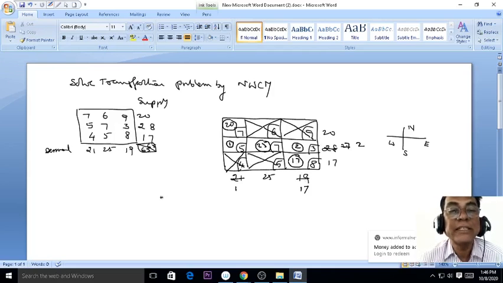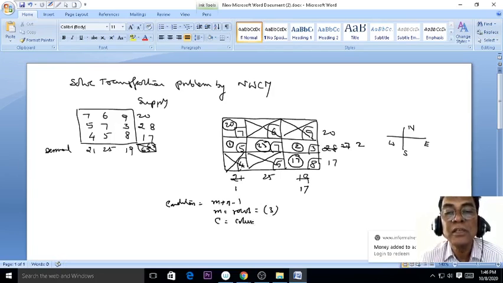Okay, next condition. So what is the condition here? The condition is m plus n minus 1, where m is the number of rows and n is the number of columns. How many rows are there in the given problem? 3. How many columns are there? 3. So 3 plus 3 minus 1 is equal to 5 allocations.